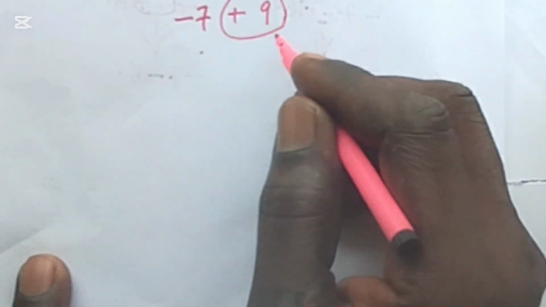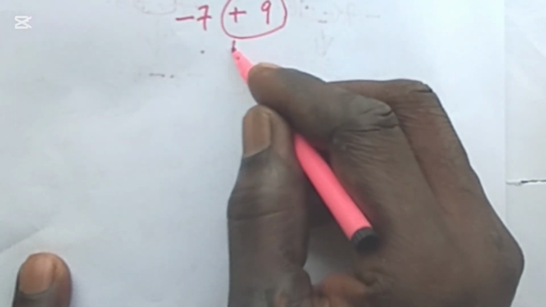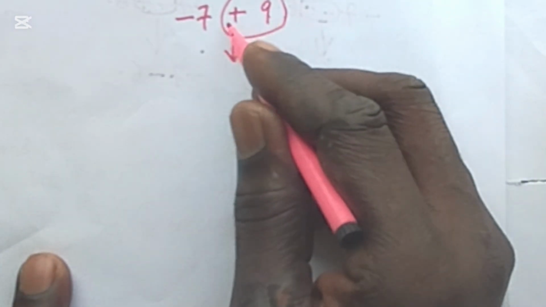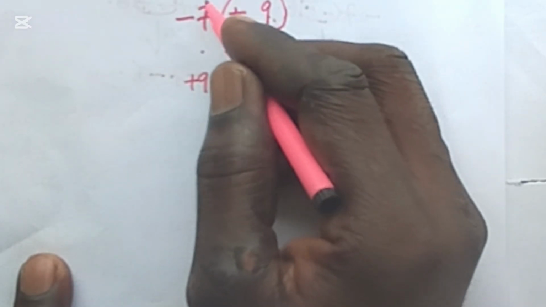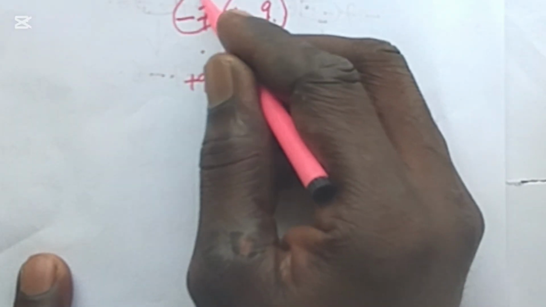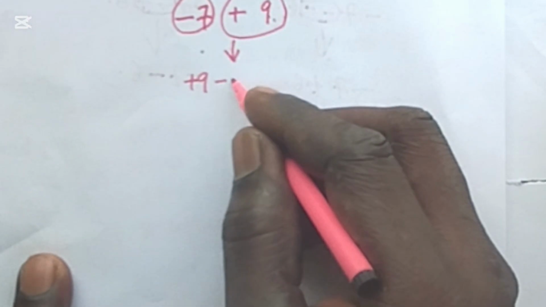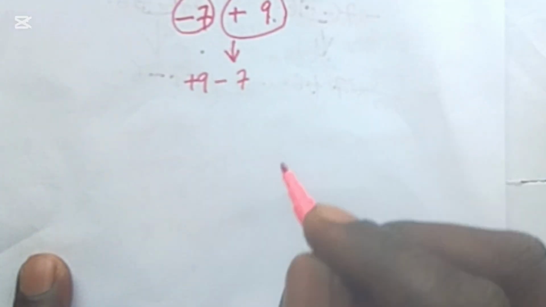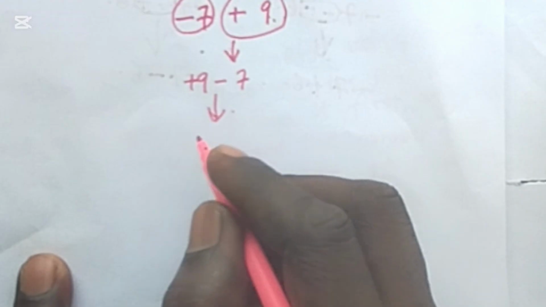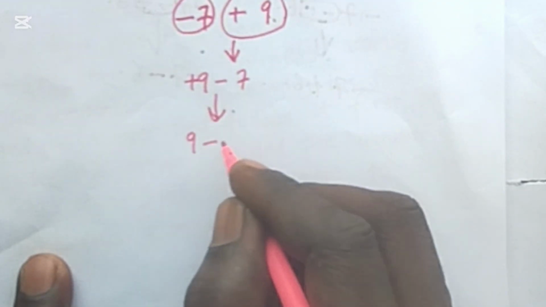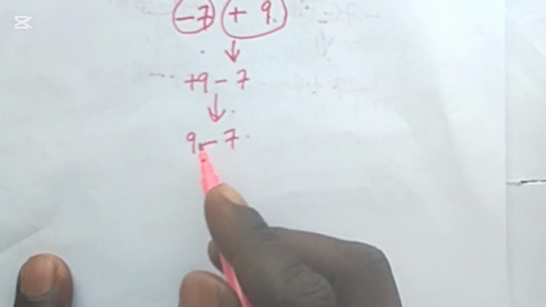You should write it by writing this first, so it becomes plus 9. Then you write this behind minus 7. This can also be written as 9 minus 7.